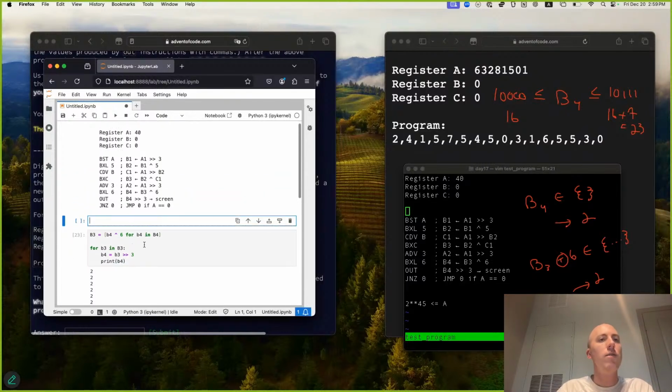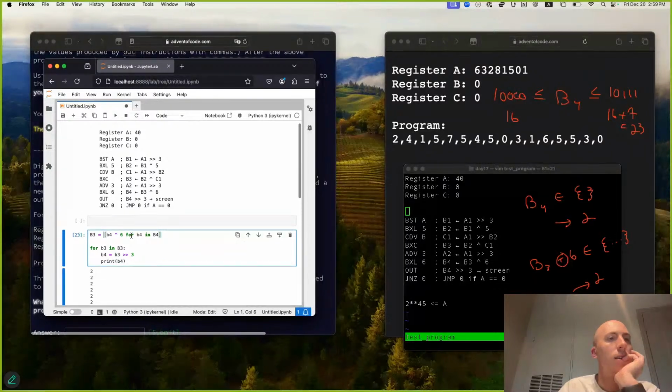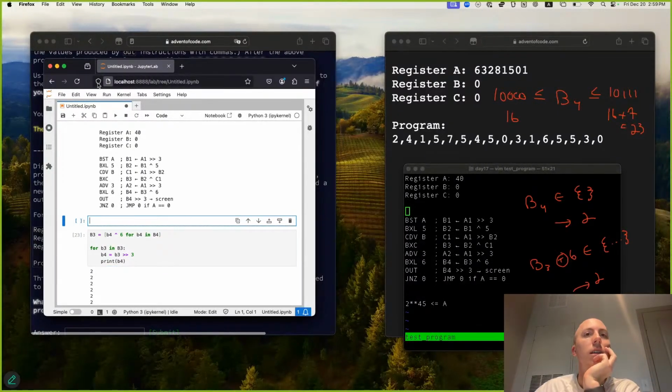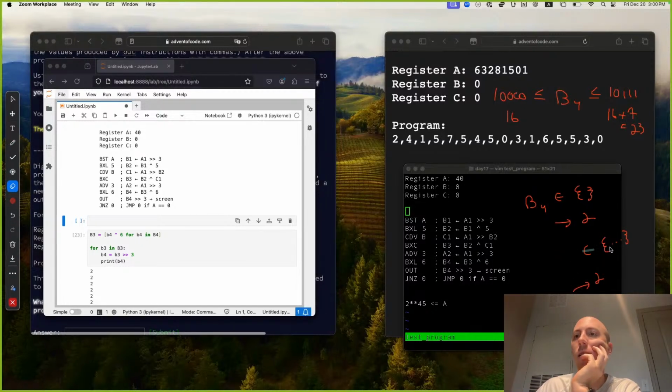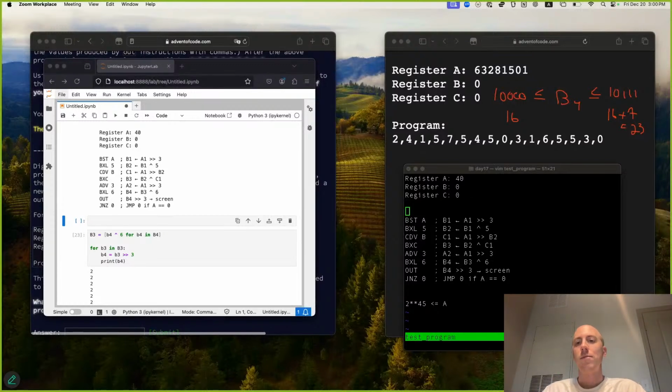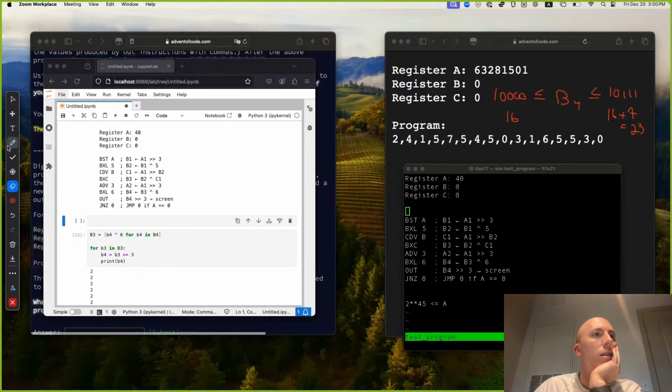So now we have this set B3. If B3 is in the set, then a 2 is going to be output.